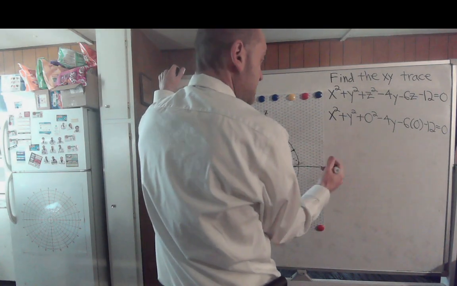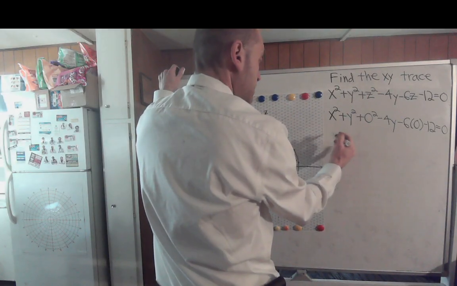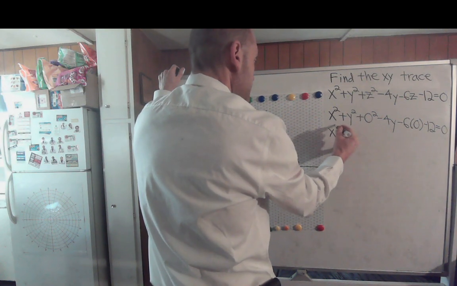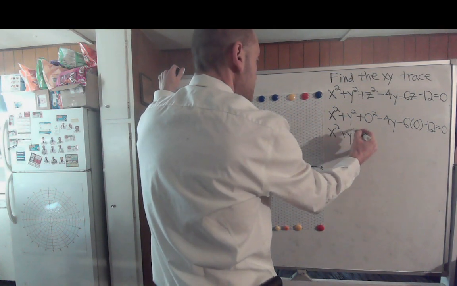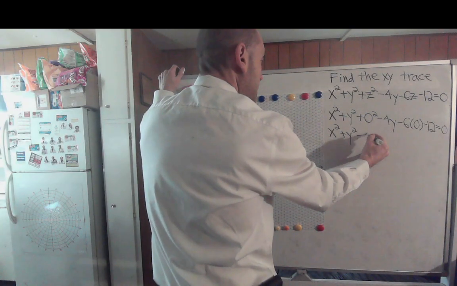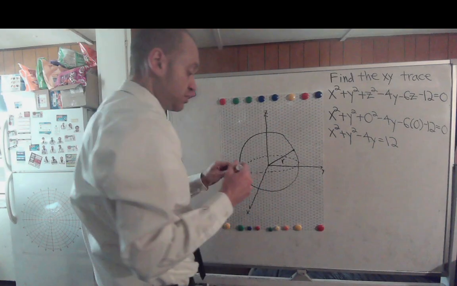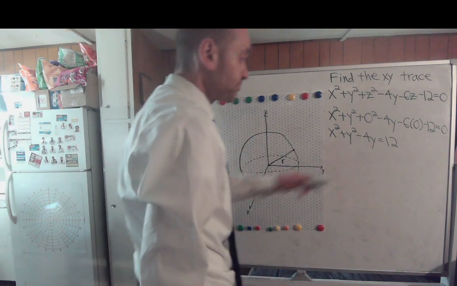To simplify, all these zeros go to 0. This turns into x² + y² − 4y = 12 if we move the constant term over to the right hand side.